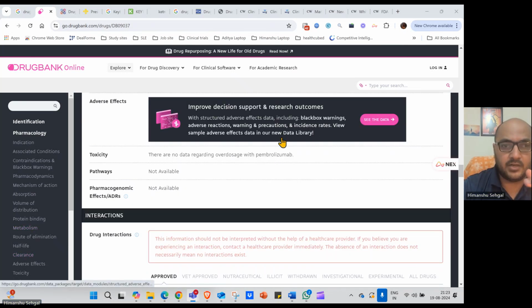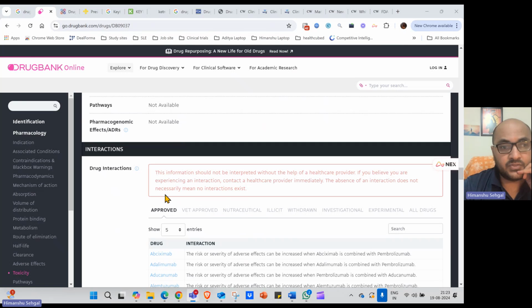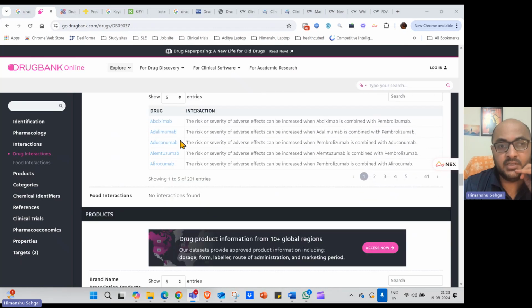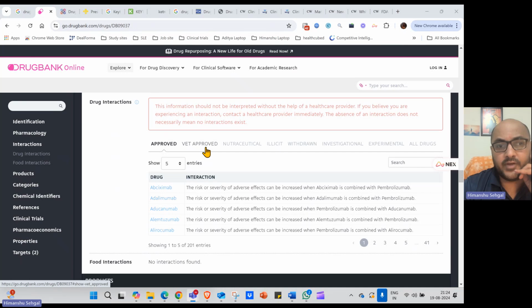Again, typically adverse events data and black box warnings will be externally posted, so you can look into this after clicking here. Toxicity, pathway, genetics, then drug interactions. You can look into 5 drug interactions. There are 201 entries basically.